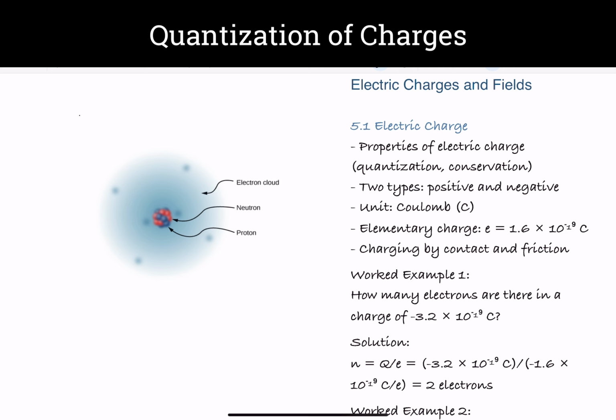Now, essentially, charging a particle can be done either by friction, which is rubbing one material with another, by conduction, which is by touching a charged material with an uncharged one, or by induction, where you bring a charged object near an uncharged one.